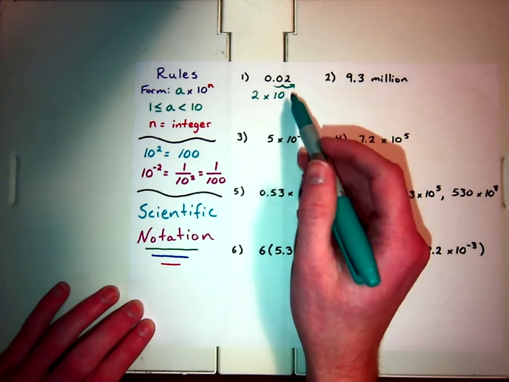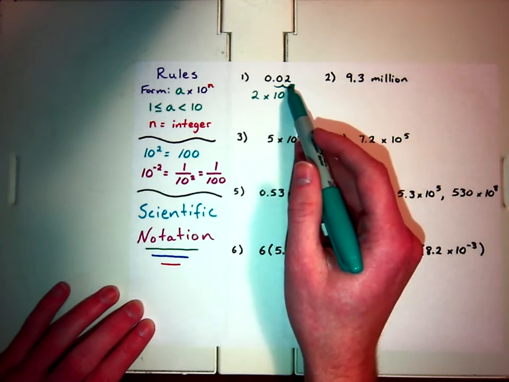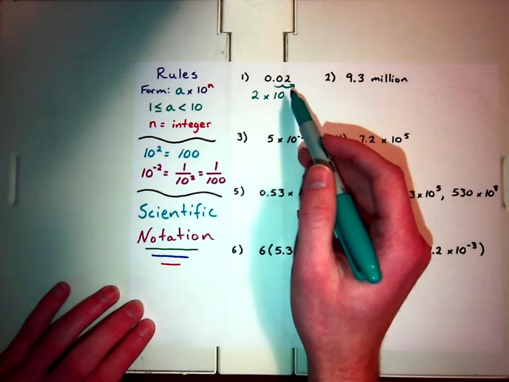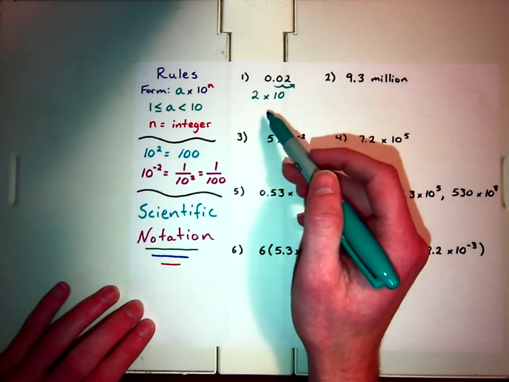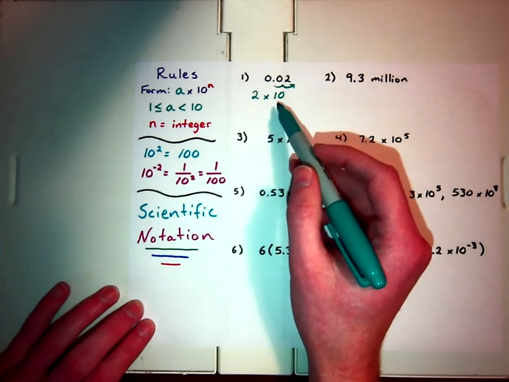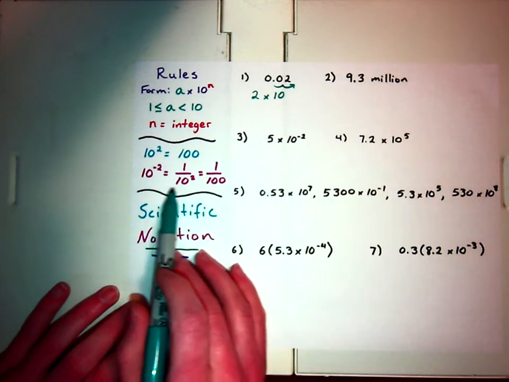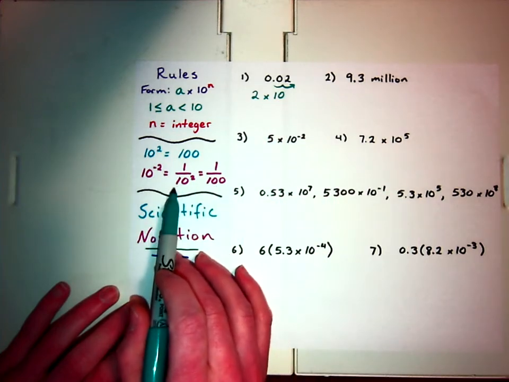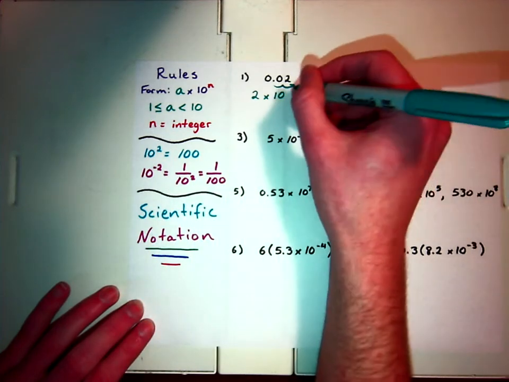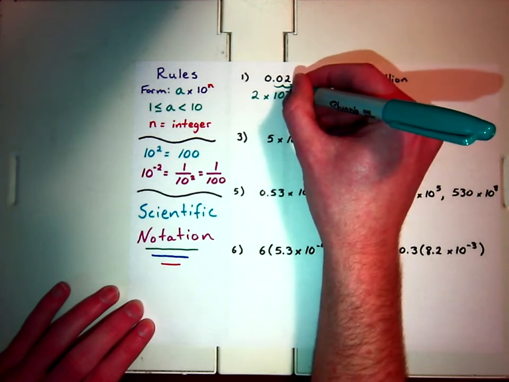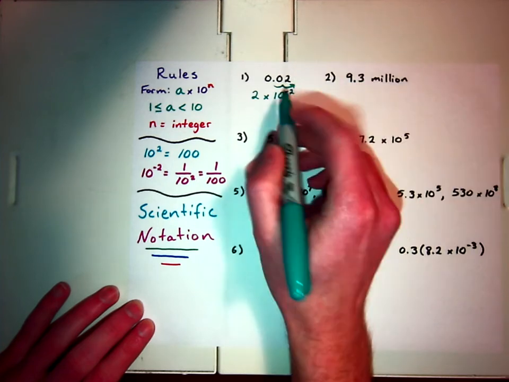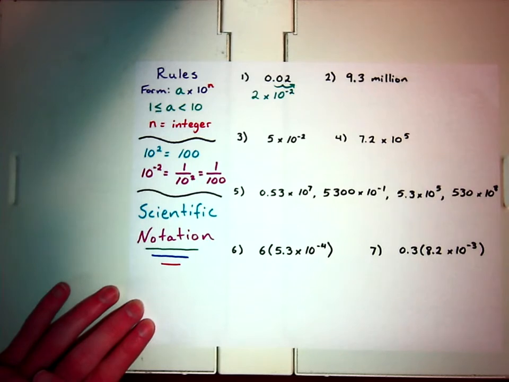Well, for it to be equal to that value, it doesn't need to get larger, it needs to get smaller. So we're going to multiply it using a negative exponent. And since we moved it 2 places, we need to use the negative 2 as our exponent.